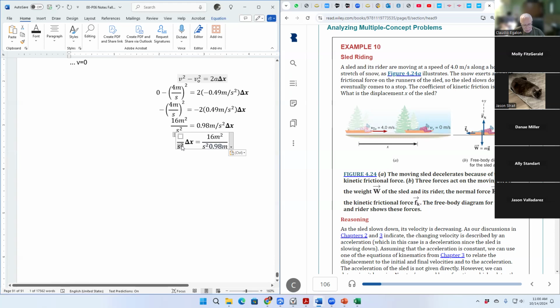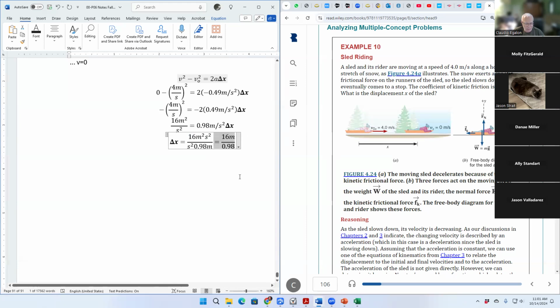Second square goes upstairs. And then we can continue solving this problem. Second square cancels out with second square. Meter cancels out with meter square.